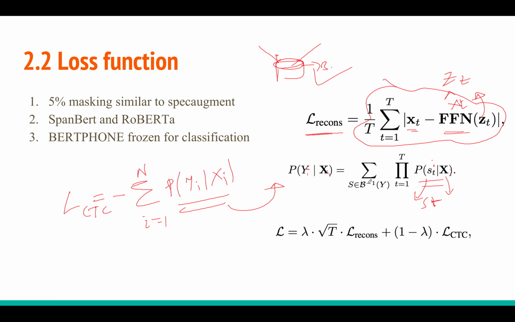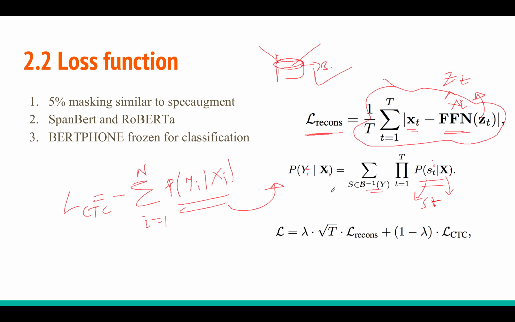And then you sum over all the possible alignments of Y, because usually Y will be smaller than X, so you need to make X and Y similar. So you apply some transformation. It has its own details, so you can go and read about CTC. But what I'm saying is you have to make Y and X the same, so the lengths should be the same.